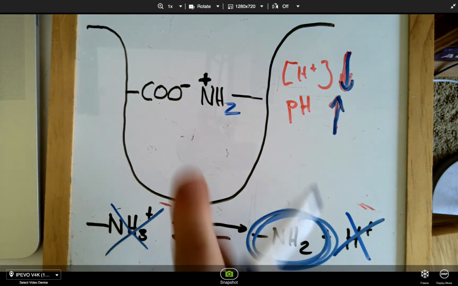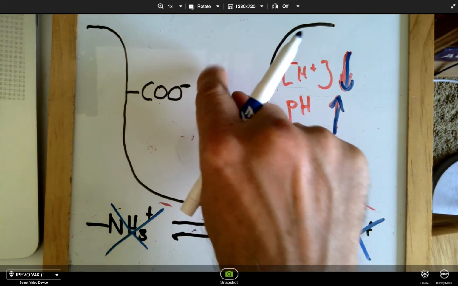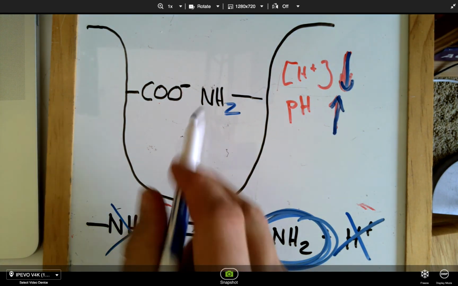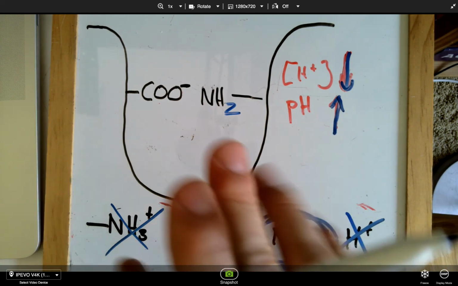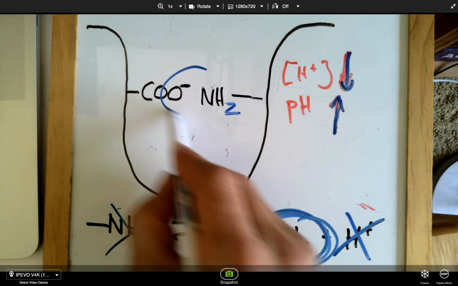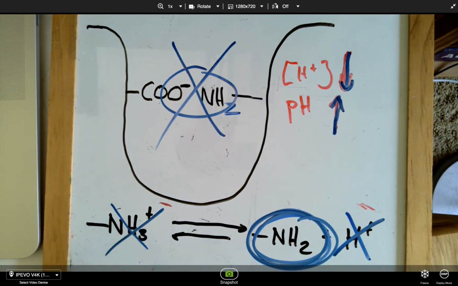What happens? We also lose the charge, right? We don't have a charge there, meaning now that we've increased the pH so much, that amino group becomes deprotonated, it no longer has a charge, and we no longer have that ionic interaction possible. The protein unfolds, it denatures, and it no longer functions.